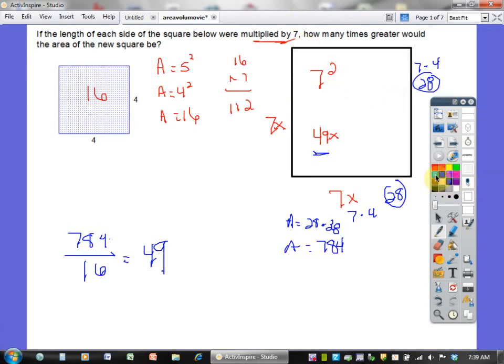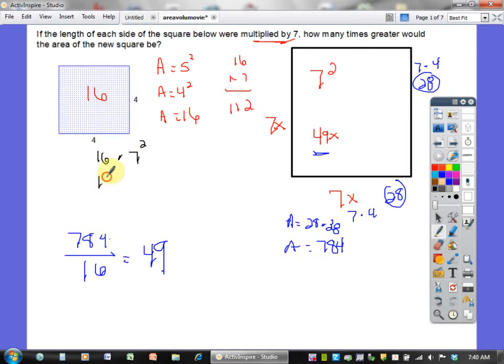In our class notes that we have in our notebooks, I had students make sure they write down, and you can even find this on my website too under some notes, that if we know the scale factor, in this case it was 7, all we would have to do is take the area, 16, times the scale factor squared.